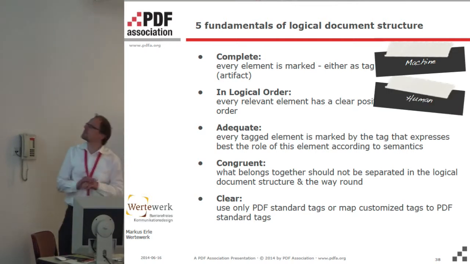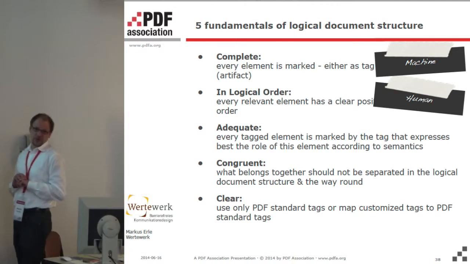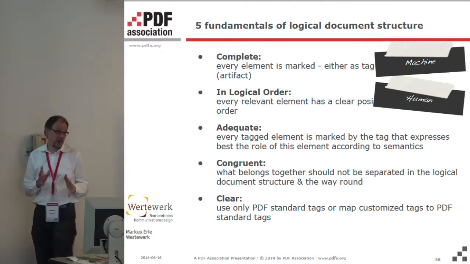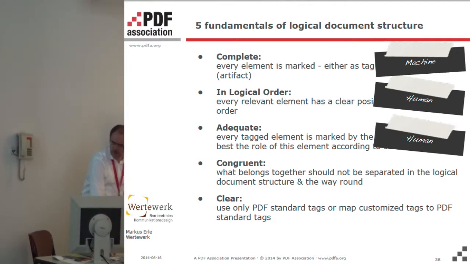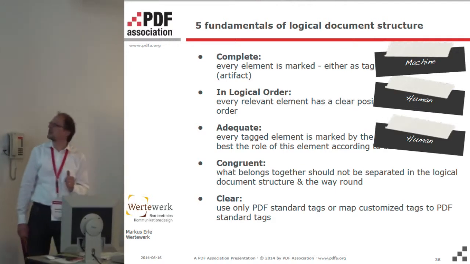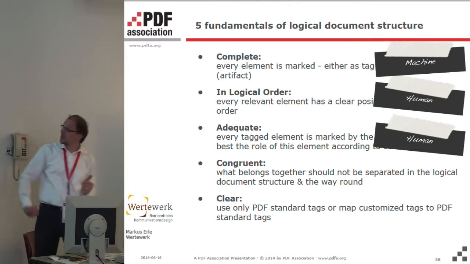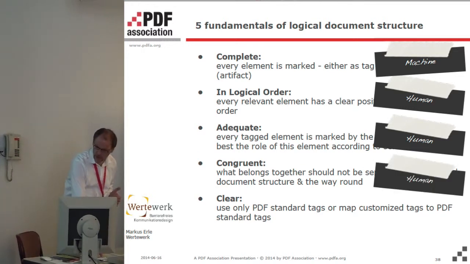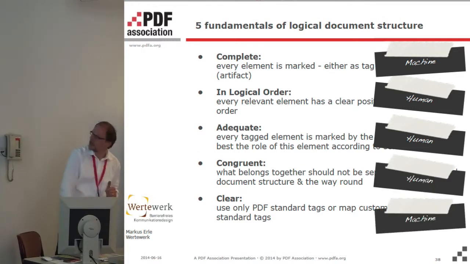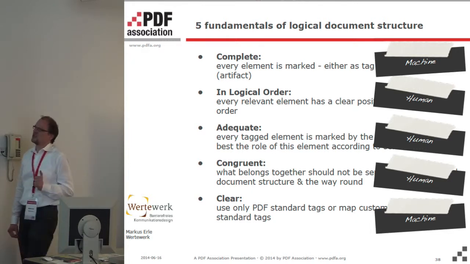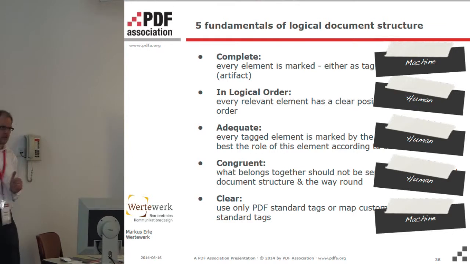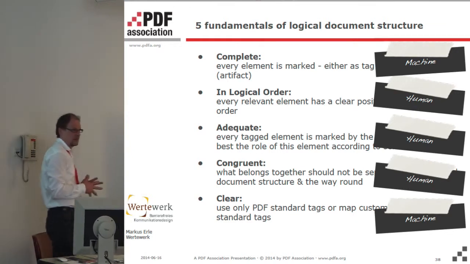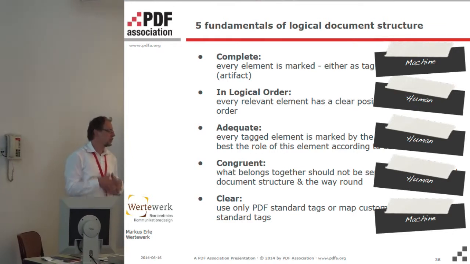But whether the logical order is correct, you cannot check by a machine. You need a human check. And also for the fundamental adequate, you need a human check. And congruent and clear can be checked by a machine. So we see you can use machine checking in order to evaluate accessible PDFs, but you also need human checks.